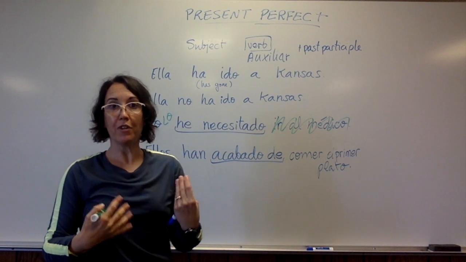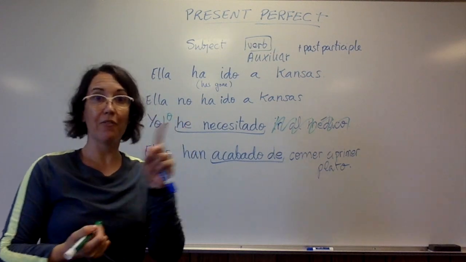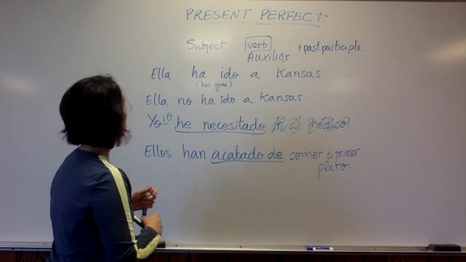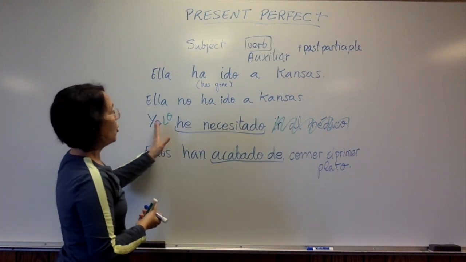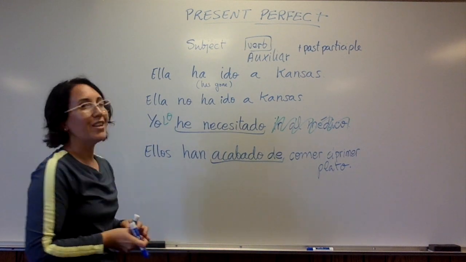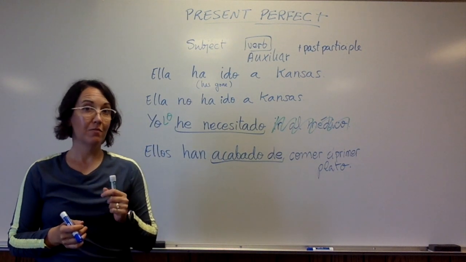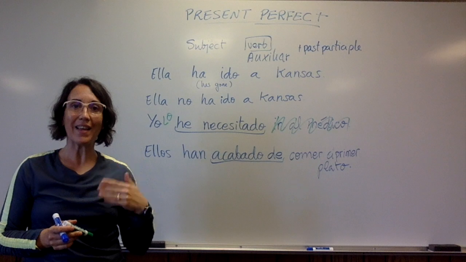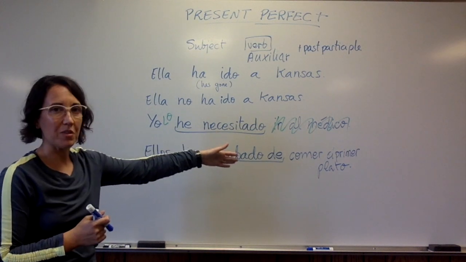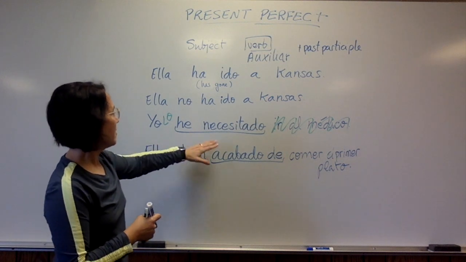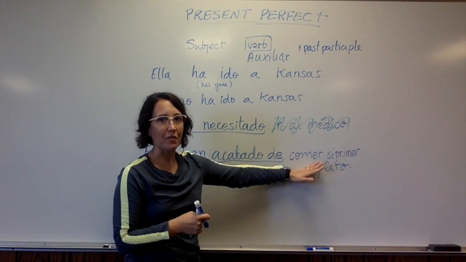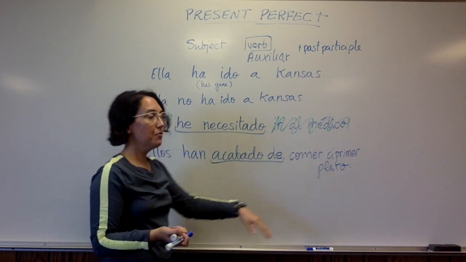Or they're saying, I have needed to go to the doctor, and you say, I have not needed to go. So in Spanish, you can say, yo no lo he necesitado, or yo he necesitado ir. So when you want to confirm that yes, you need to do something, or you have needed to do something, but with this, you have the option to add the infinitive at the very end or not.